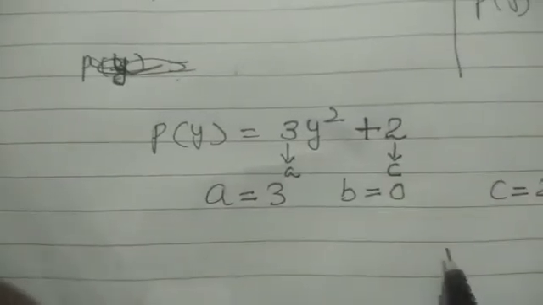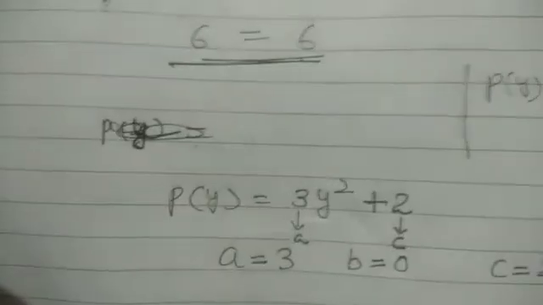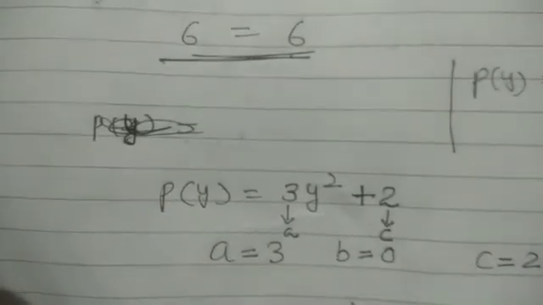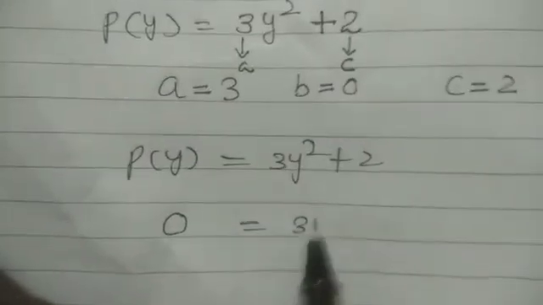Now first of all we will find out its zeros. p(y) equals 3y square plus 2. We will find it out directly. There is no need to factorize it by the product and sum. p(y) will become 0, then 3y square plus 2 equals 0.